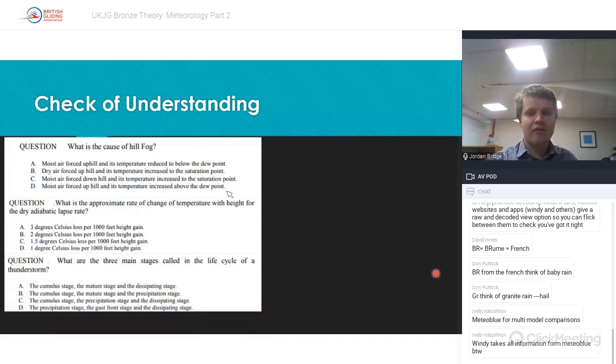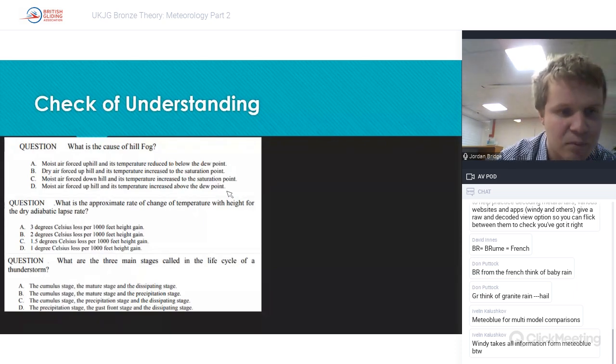As we reach the end there, I've got a couple of questions to give you. We're going to finish up on time. What's the cause of hill fog? What's the approximate rate of change of temperature with height of the dry adiabatic lapse rate? And what are the three main stages in the life cycle of a thunderstorm?